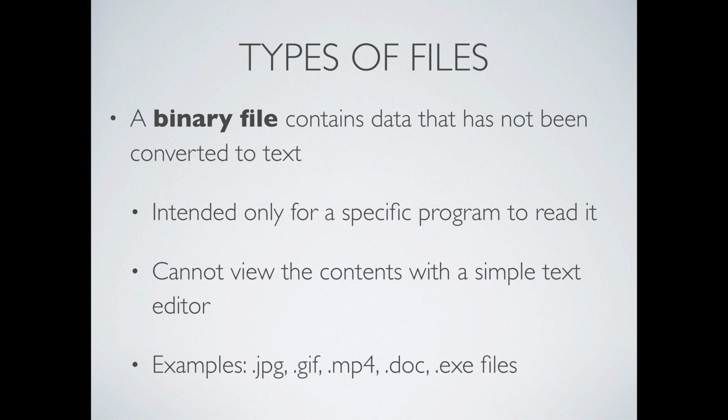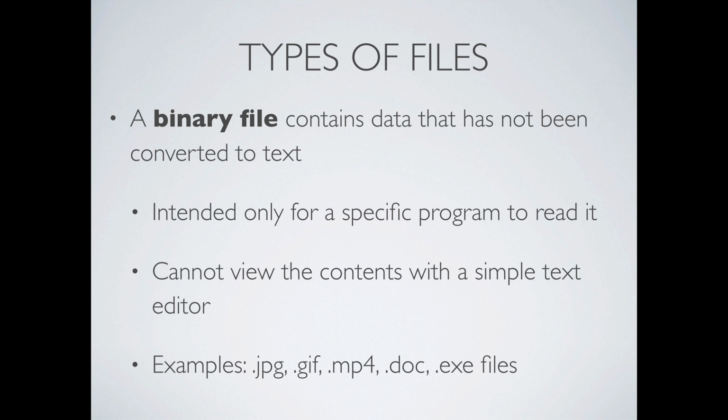So the key characteristic of a binary file is that you can't view the contents with a simple text editor. So if you try to open a binary file with TextEdit or Notepad or anything like that, it will look weird. It will just have all these weird symbols, and it won't make sense.